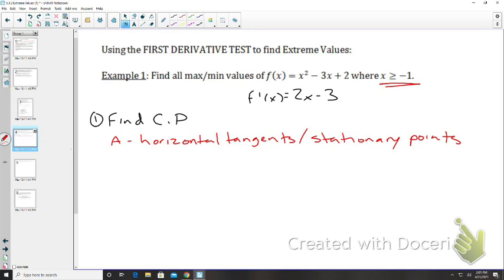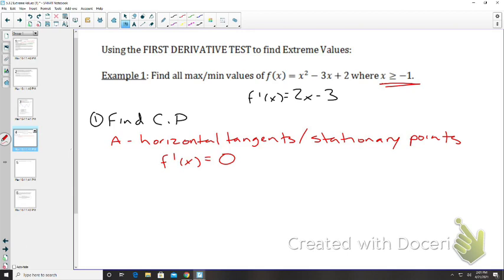Okay, so what do we know about this? What does our f prime of x equal when we have a horizontal tangent or a stationary point? Yeah, 0, good. So f prime of x is equal to 0, so now we just need to solve for when our derivative is equal to 0.